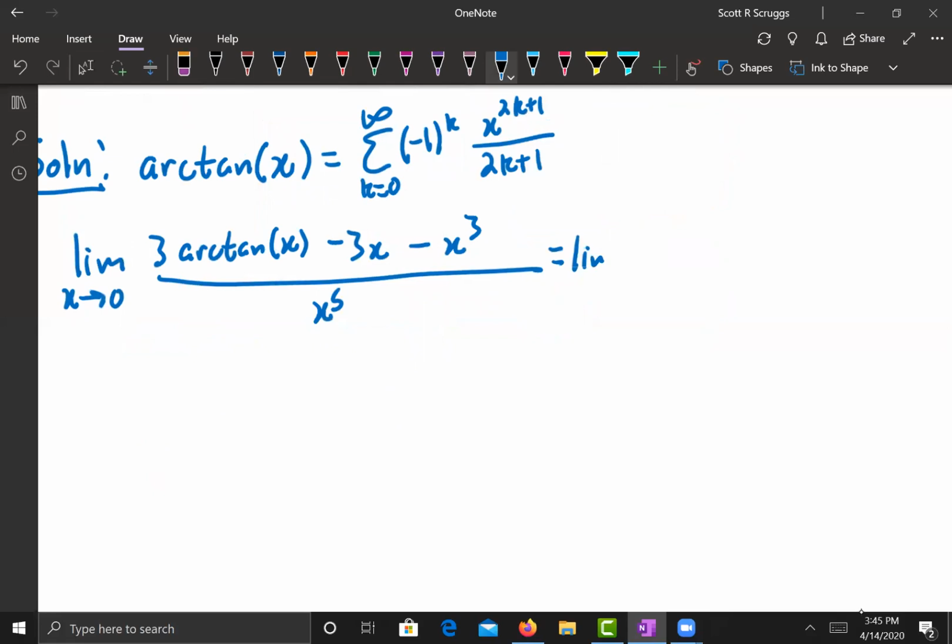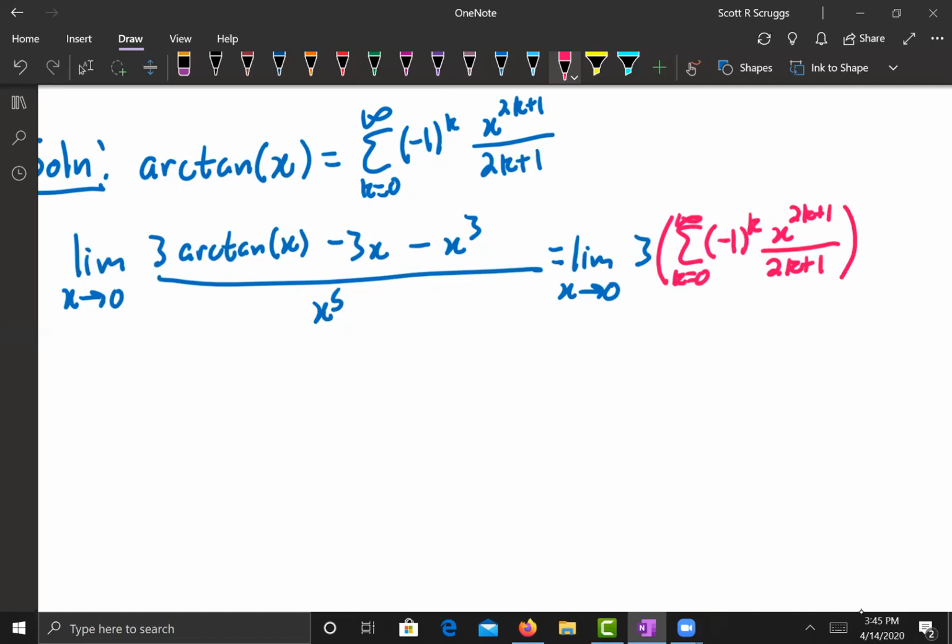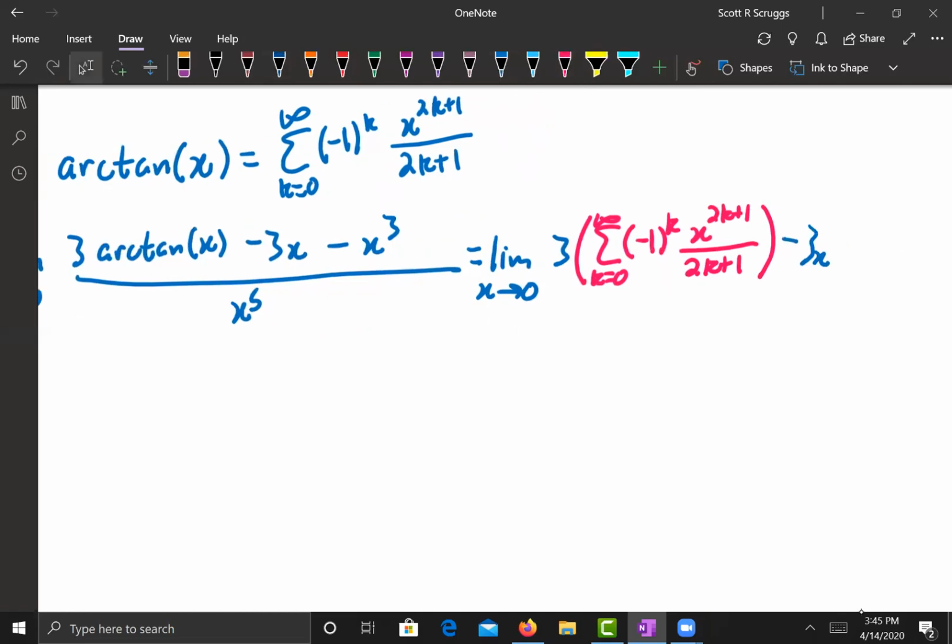So the limit as x goes to 0 of 3 times the Maclaurin series of arctan, which is the sum from k equals 0 to infinity of -1 to the kth power, x to the 2k plus 1 over 2k plus 1. And then I minus the 3x, and then minus the x cubed, all divided by x to the 5th.